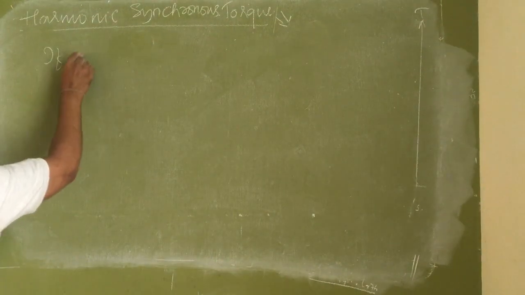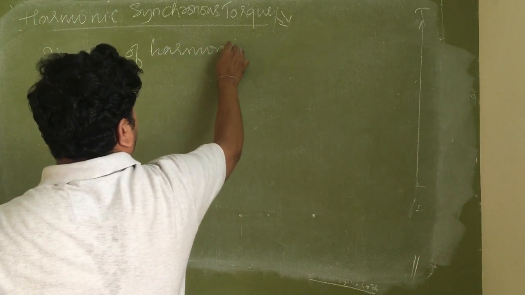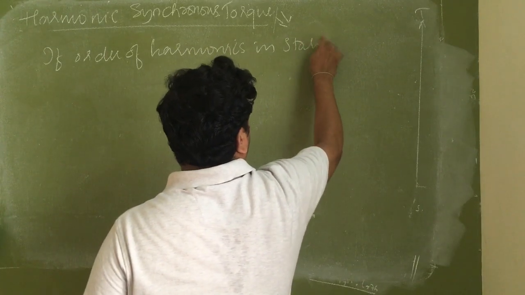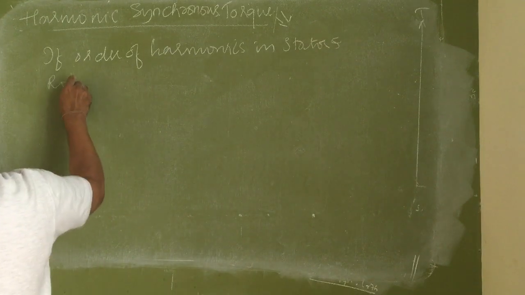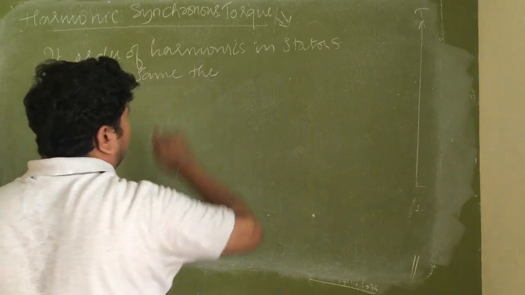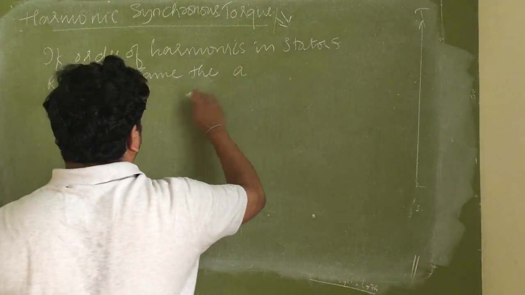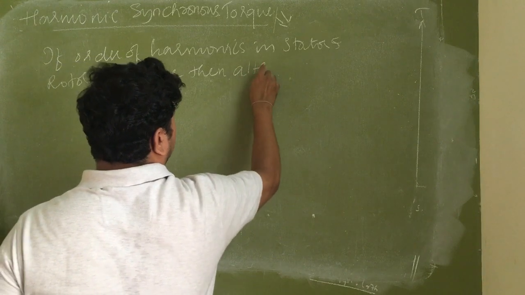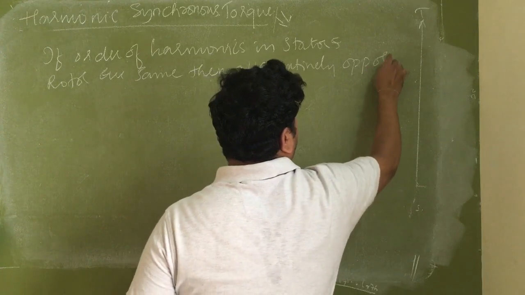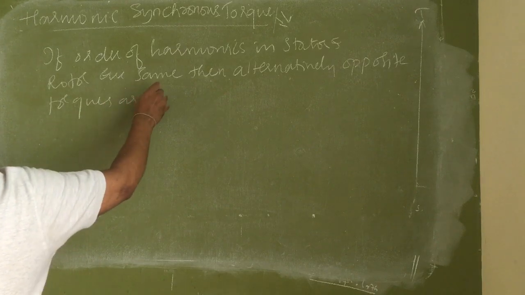If the order of harmonics in stator and rotor are the same, then alternatingly opposite torques are produced.